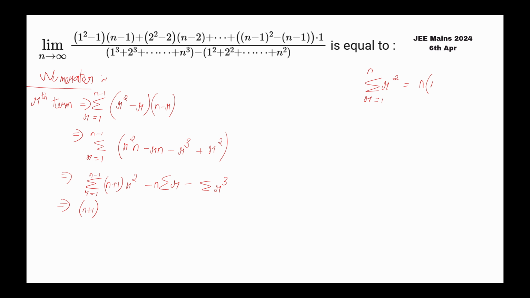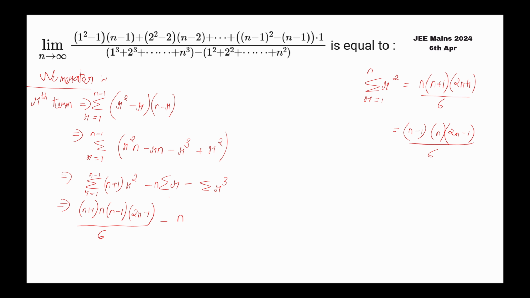This used to be n into n plus 1 into 2n plus 1 upon 6. Now since it is up till n minus 1, what if I substitute n minus 1 here? This would become n minus 1 into n into 2n minus 1 upon 6. So I can simply write this down here.